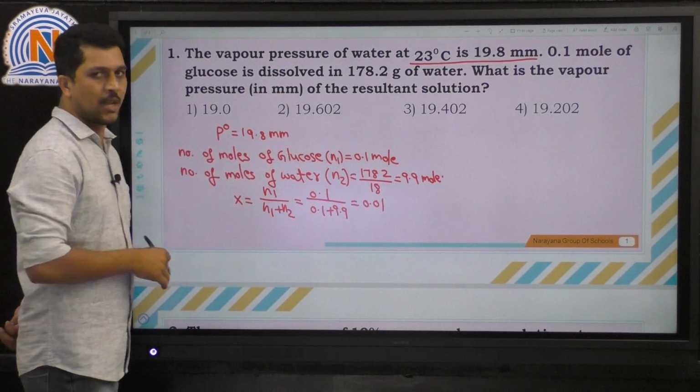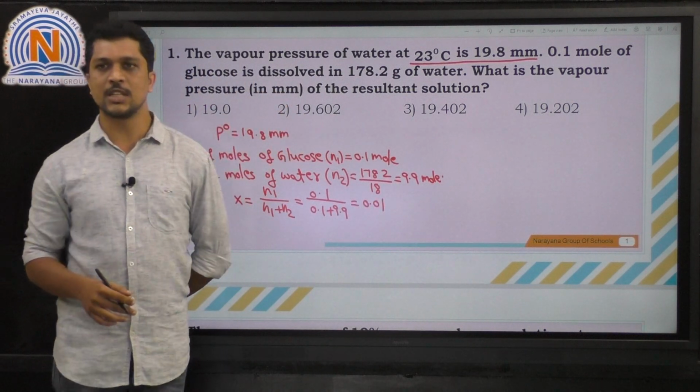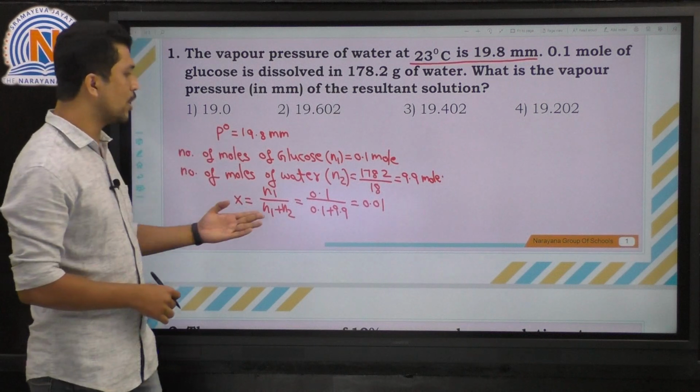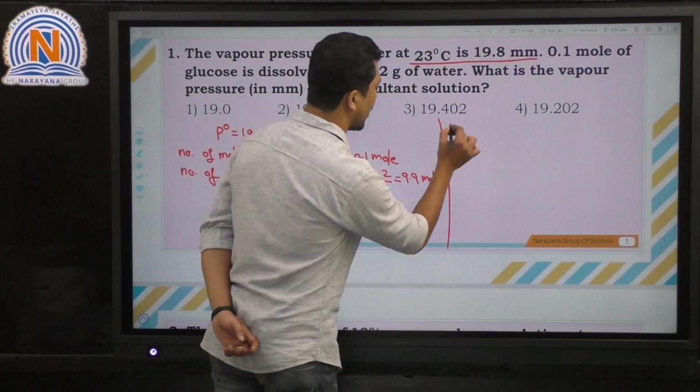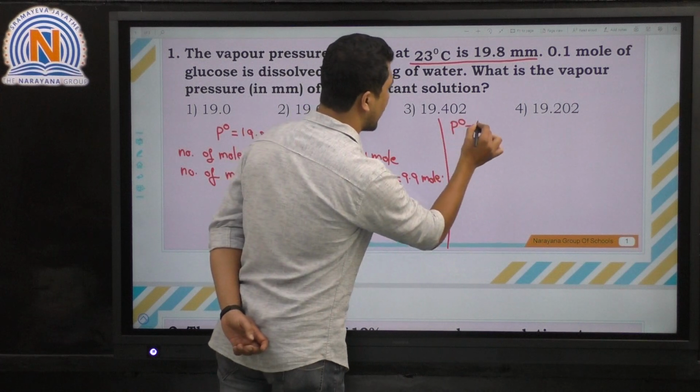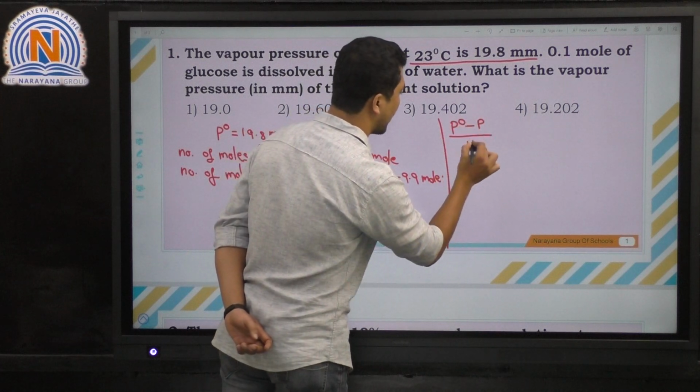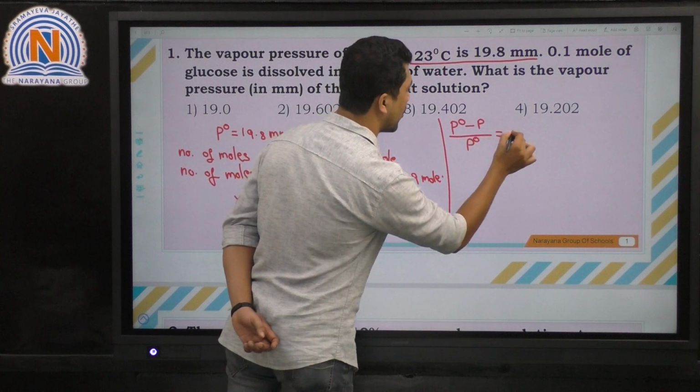Now we know the pure solvent vapor pressure P0 and the mole fraction X equal to 0.01. According to Raoult's law, P0 minus P by P0 equals the mole fraction.